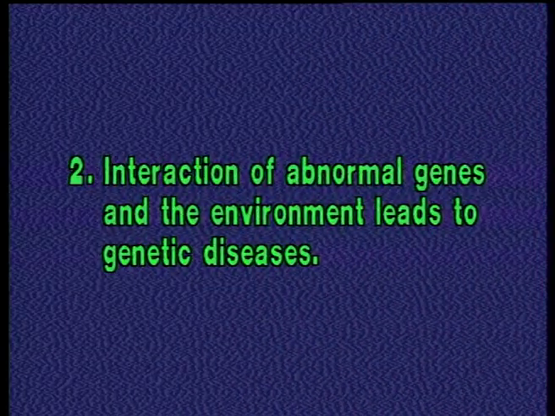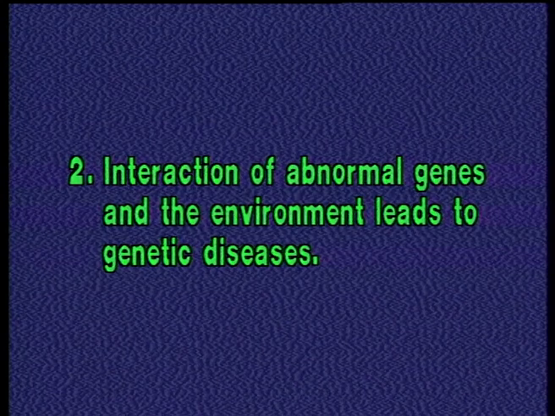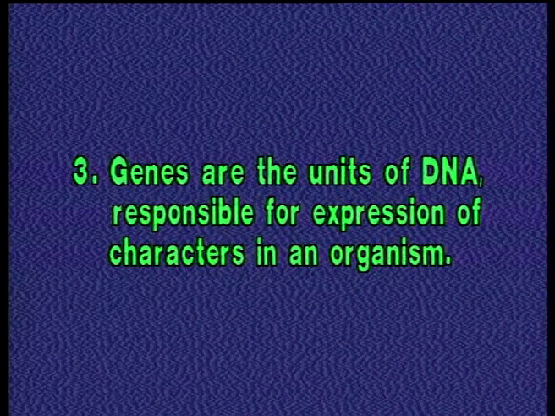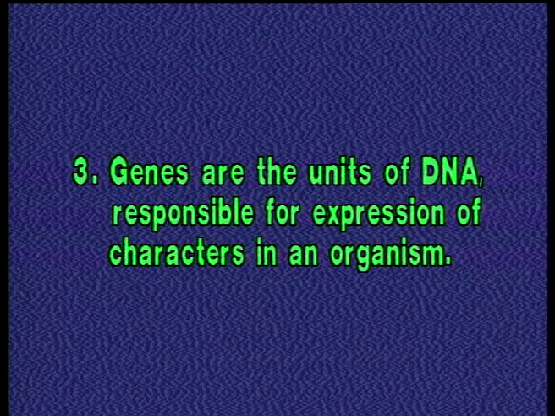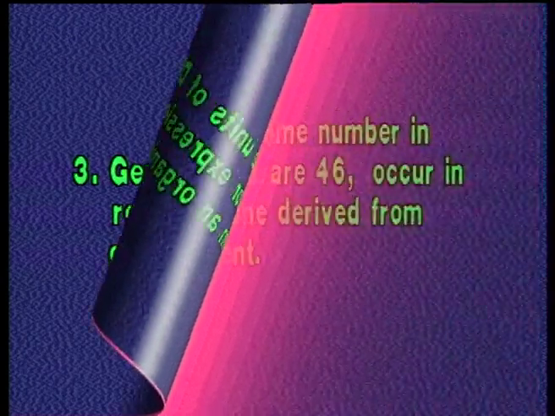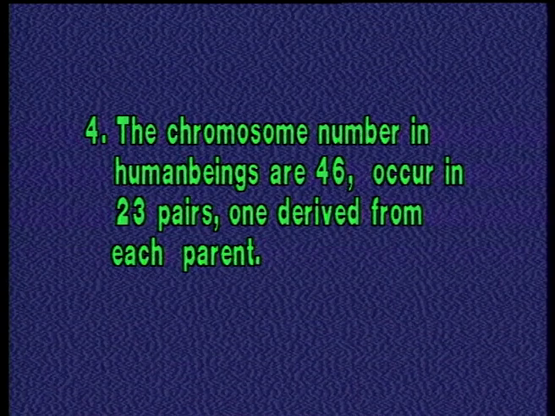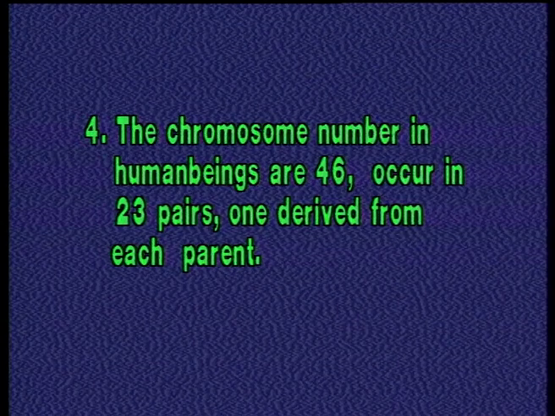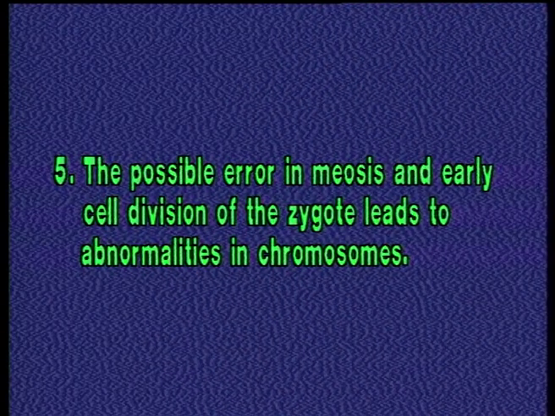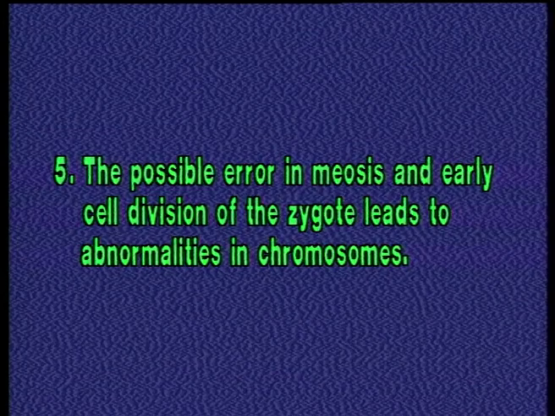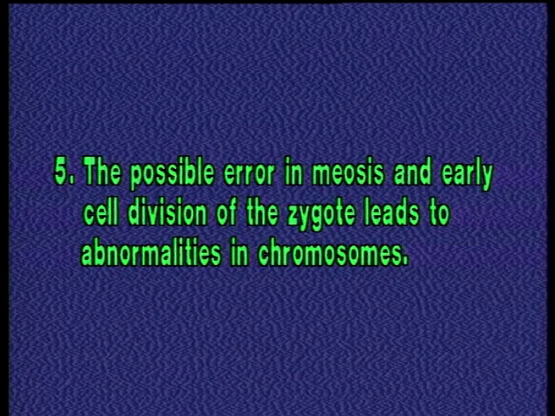Number 2, the interaction of abnormal genes and the environment leads to genetic diseases. Number 3, genes are the units of DNA responsible for expression of characters in an organism. Number 4, the chromosome number in human beings is 46, occurring in 23 pairs, one derived from each parent. Number 5, possible errors in meiosis and early cell division of the zygote lead to abnormalities in chromosomes.